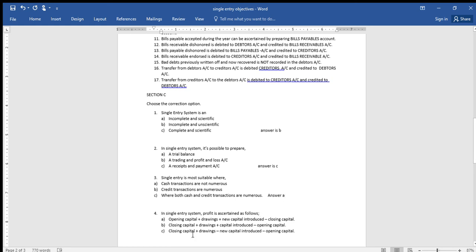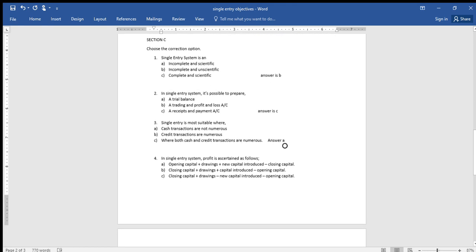Then question 4. In single entry system, profit is ascertained by A, opening capital plus drawings plus new capital introduced minus closing capital. B, closing capital plus drawings plus capital introduced minus opening capital. C, closing capital plus drawings minus new capital introduced minus opening capital.